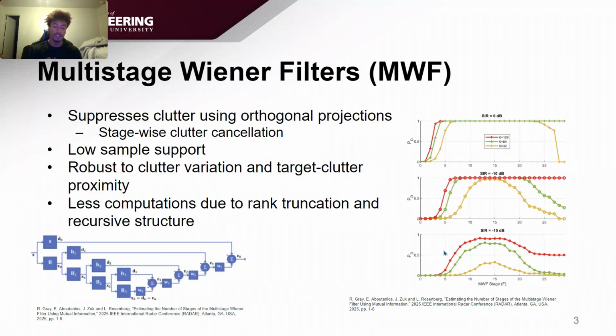Too few stages allows for clutter within the desired signal, and too many stages allows for noise when calculating the desired signal. So you want to use an estimator that finds the correct number of stages for the MWF.